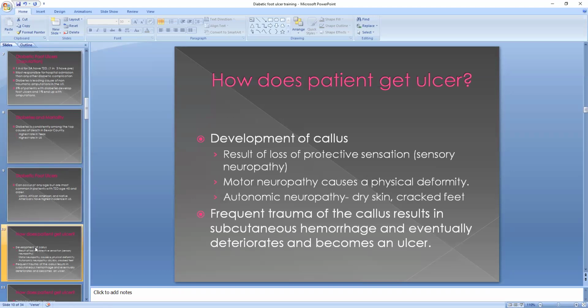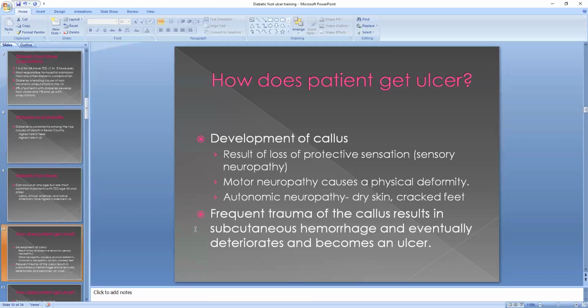You kind of wonder, well, how does the patient develop the ulcer? This is the more gradual way that they get an ulcer. It's not as acute as I would typically see in the hospital. So I'll walk you through this one.